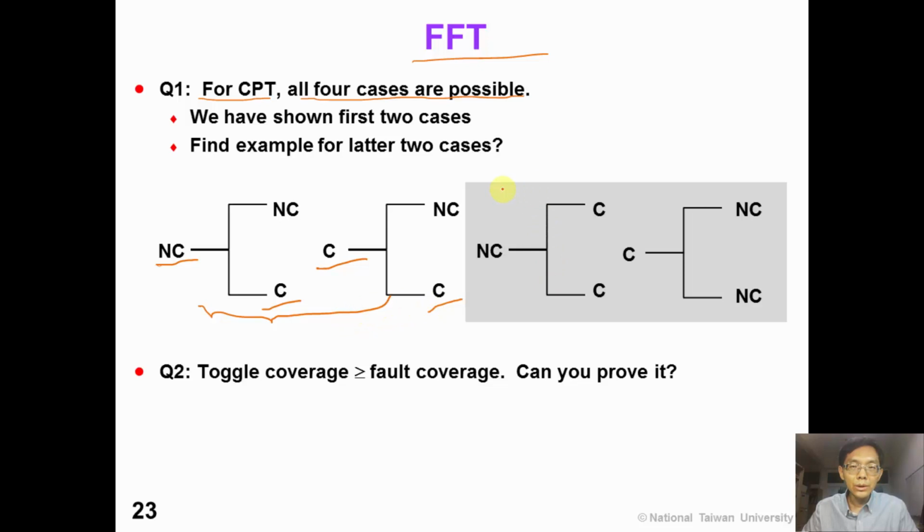So now it's your turn to show me these other cases. When both fanout branches are critical, the stem is non-critical. And there are also cases when both fanout branches are non-critical, but the fanout stem is critical. Please give me example circuits and test patterns.